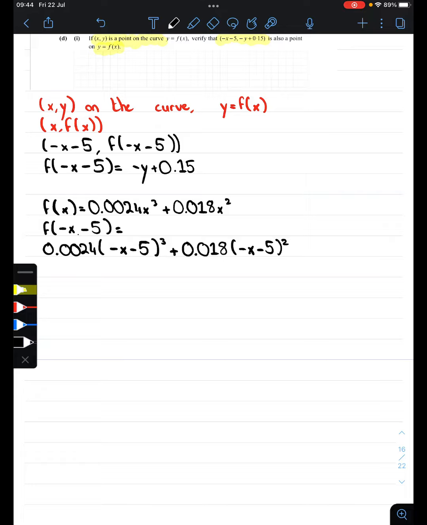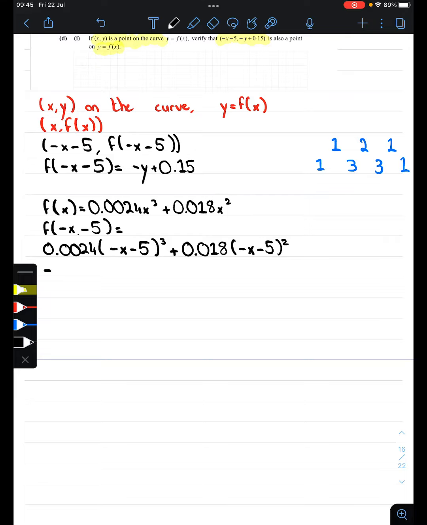And now cubing and squaring -x-5, the easiest way to do this is probably to use Pascal's triangle: 1, 2, 1, 1, 3, 3, 1, and so on. So that kind of idea. In this case, I'm going to take out the minus, since minus is a common term from -x-5. And since it's cubed, a minus cubed is still a minus.